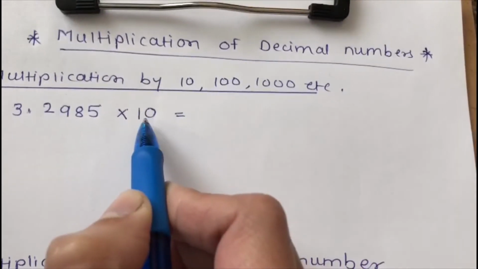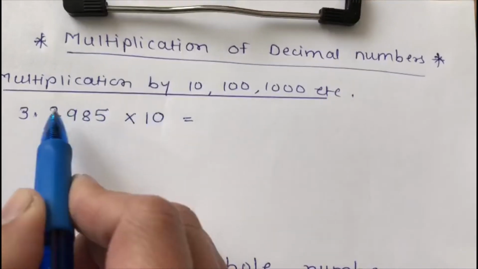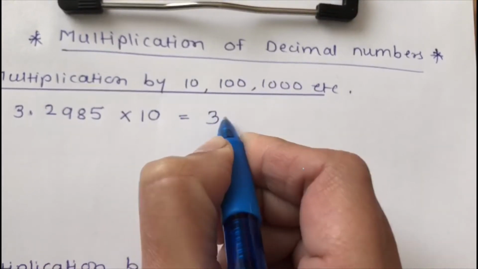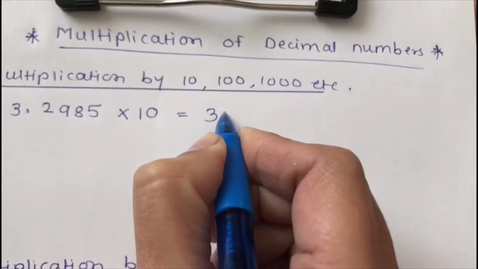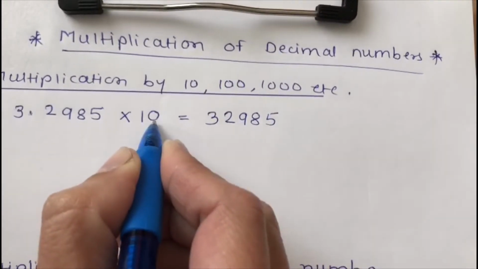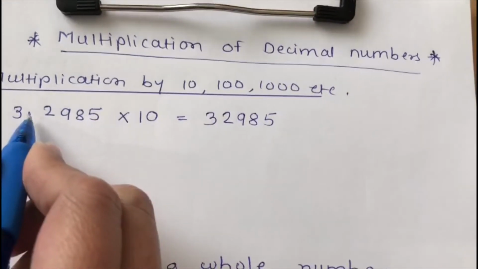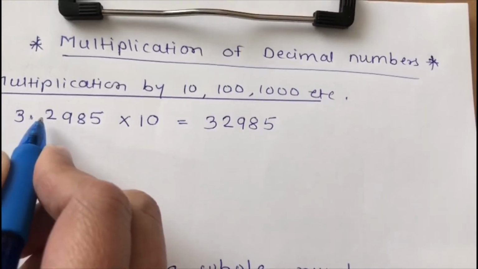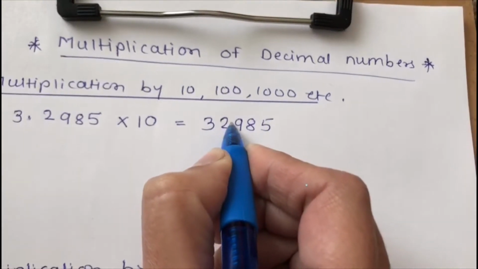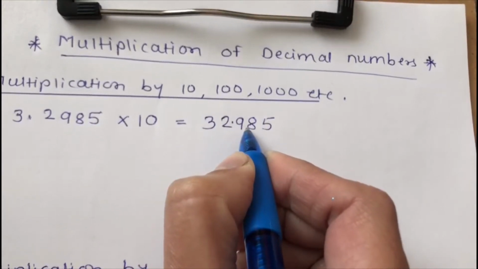And in 10 there is only one 0. So when we multiply this number by 10, I write here first this number, 32985, and there is only one 0, so I'll shift this decimal point to here. So the answer comes as 32.985.